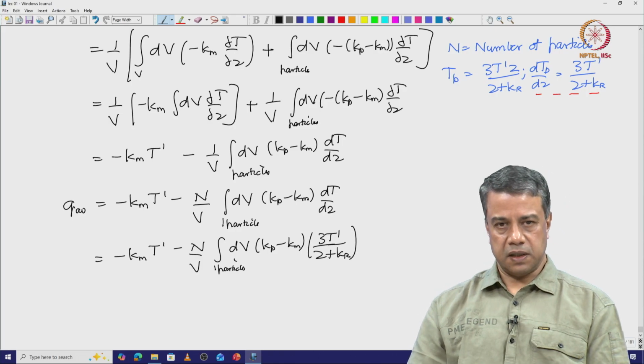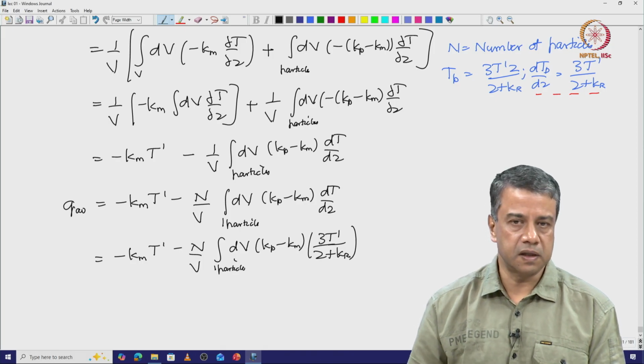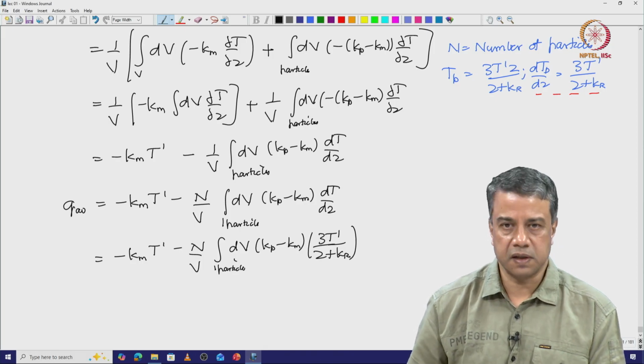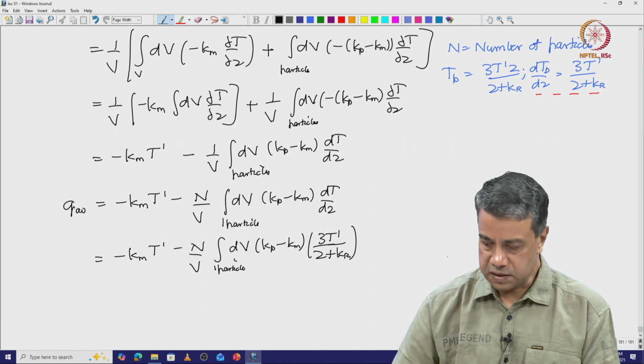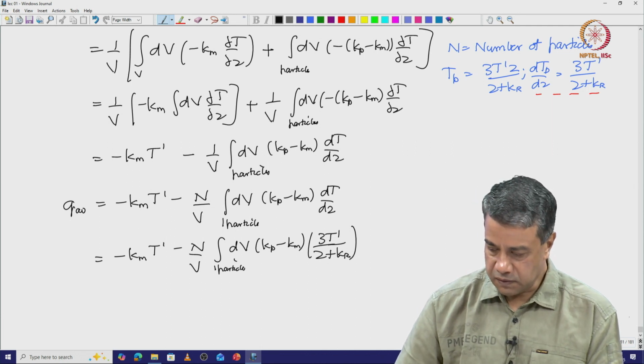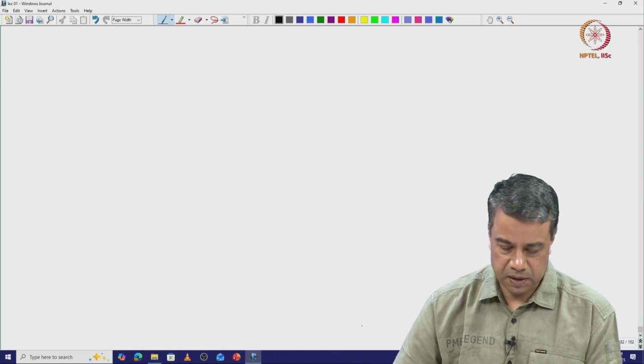This is a constant. Therefore, the integral over the volume is just equal to the constant times the volume.